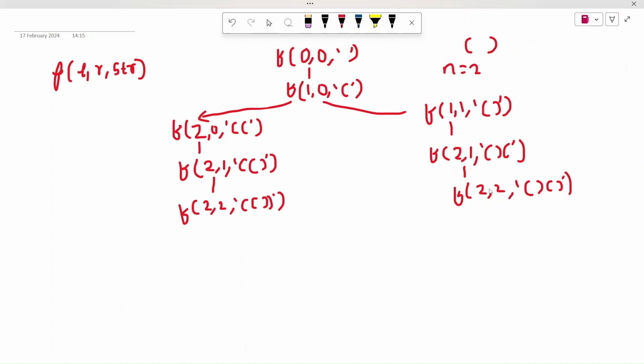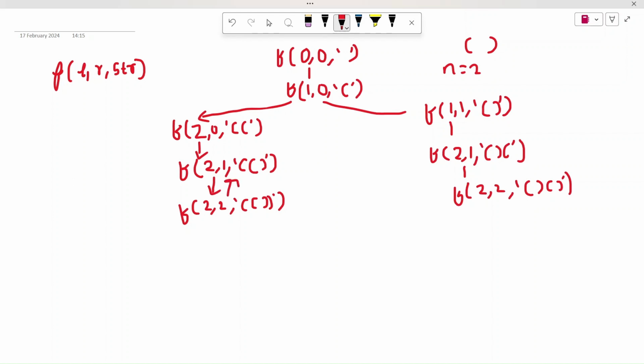And at this point, when my string length is 2 times n, or L is equal to n and R is n, I will insert it in my answer. See what the recursion looks like: it goes here, here, here, and then it comes back.